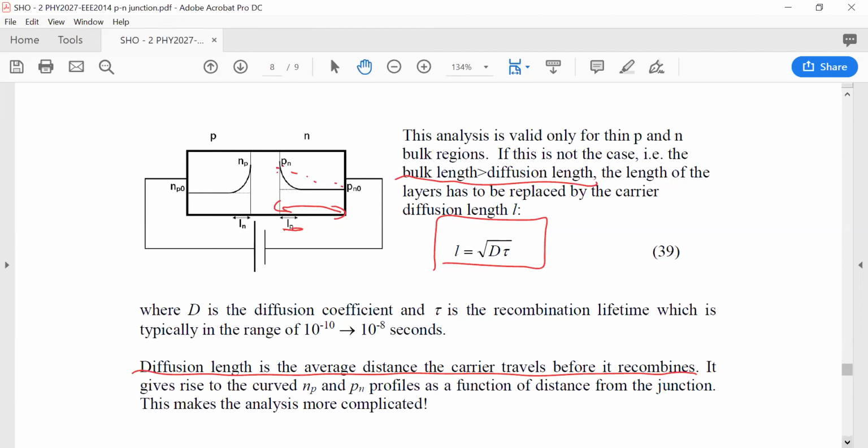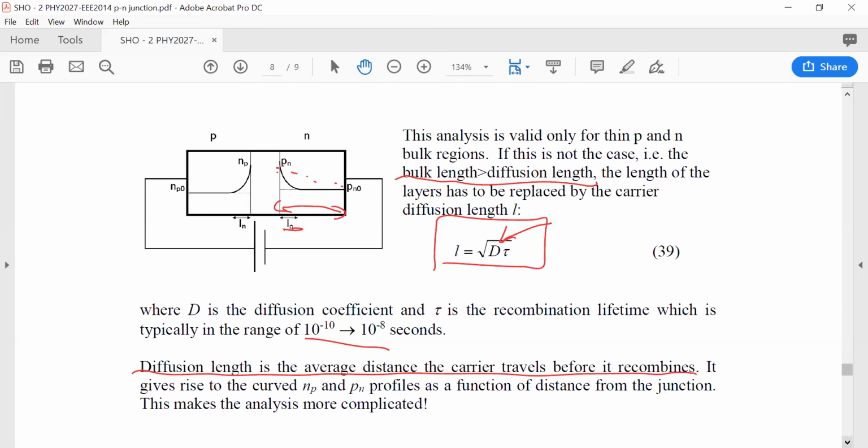And we can calculate that by knowing what the diffusivity and the diffusion coefficient is for the type of carriers, which will be Dn for electrons, and the recombination time, which is usually in the range 10 to the minus 10 or 10 to the minus 8 seconds. So instead, for long or relatively large devices, which we do try to avoid, in general, things are getting smaller, we have to consider instead the diffusion length of diodes rather than simply how big the diodes are.